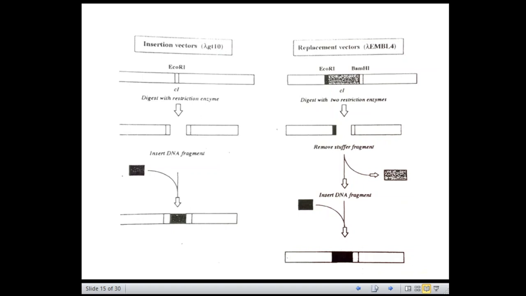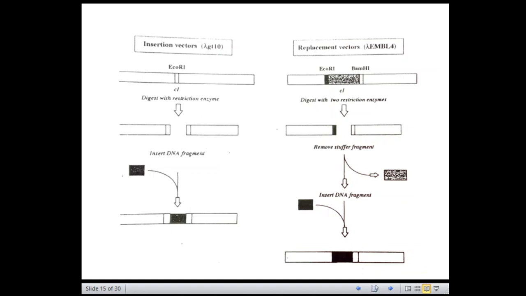Number one, insertion cloning vector, and number two, replacement cloning vector. These are the two types of lambda phage vectors that have been developed for the purpose of cloning of foreign DNA.